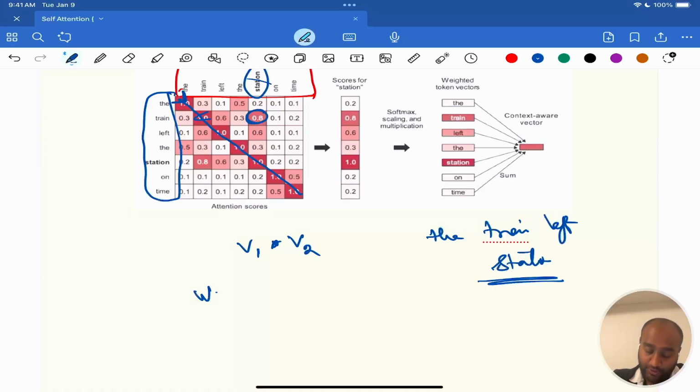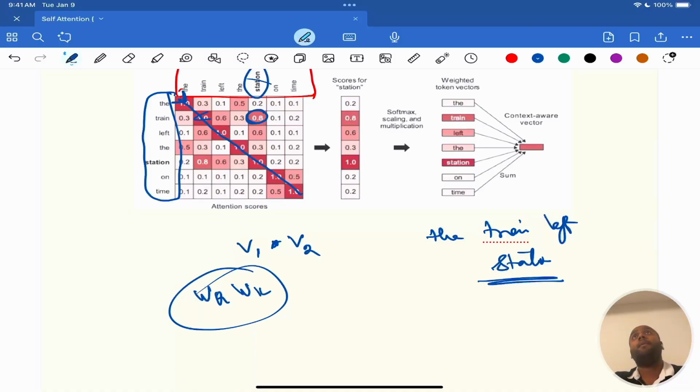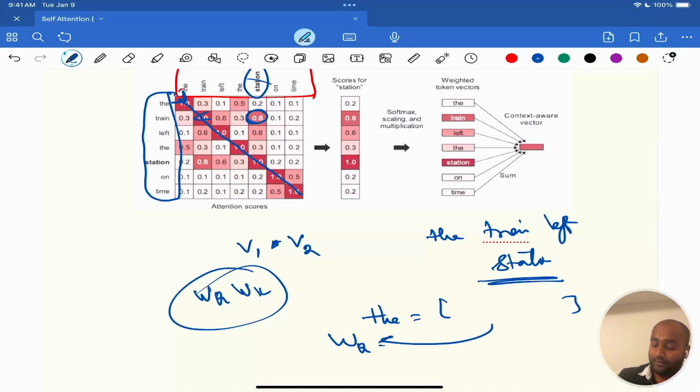We have WQ, WK. Let's talk about these two matrices. WQ, WK are just to represent these tokens in a different space where they can express themselves more. So when you multiply this vector by a weight matrix, this weight matrix does a linear transformation of that vector.